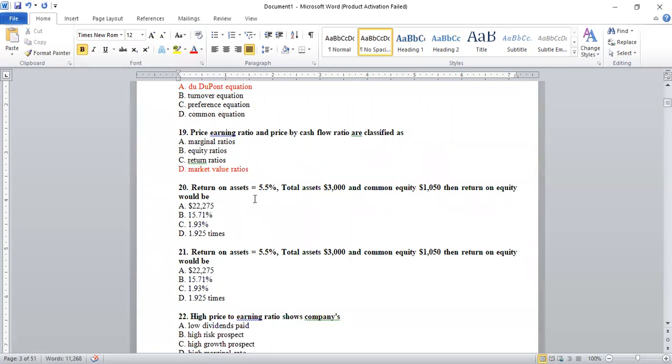A return on asset is 5.5%, total assets 3,000, and common equity 1,050.